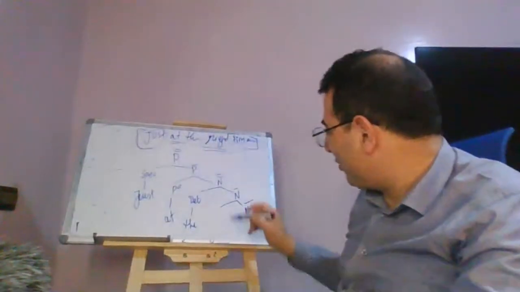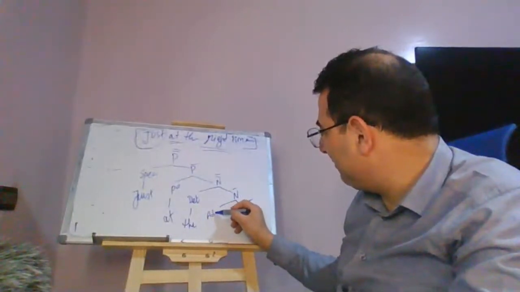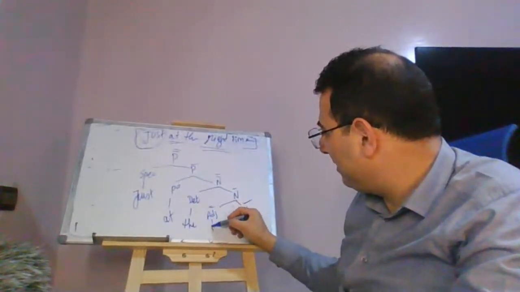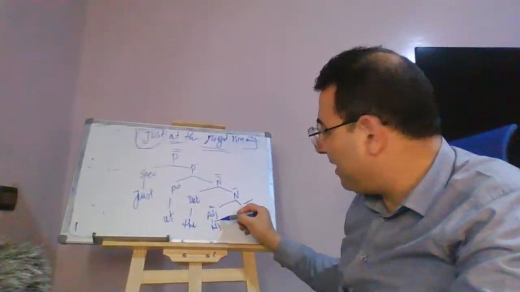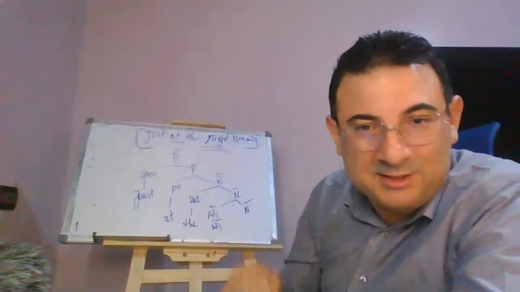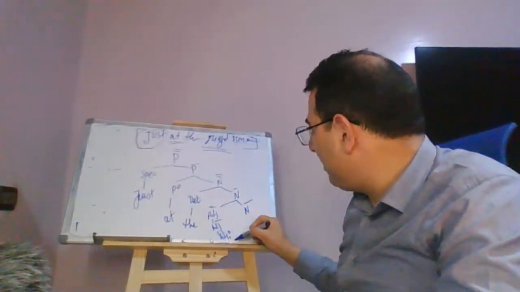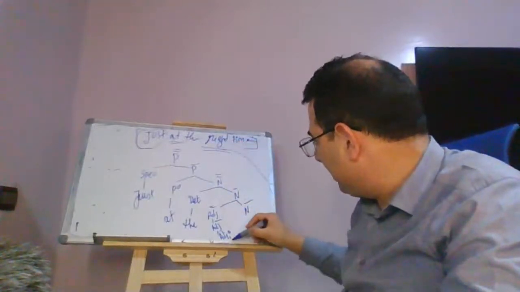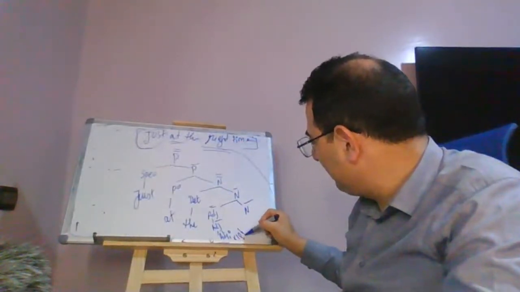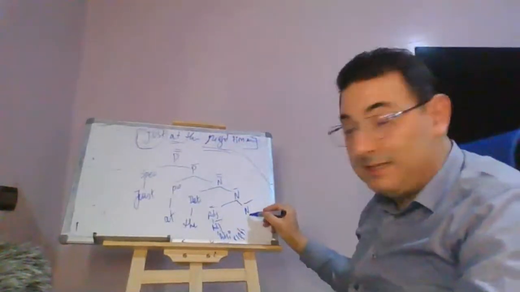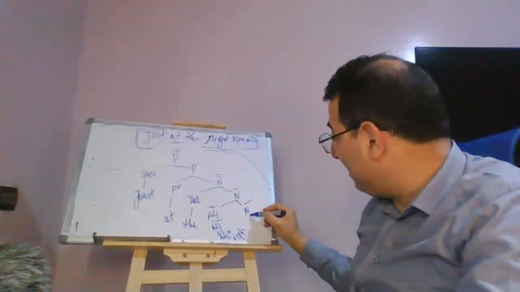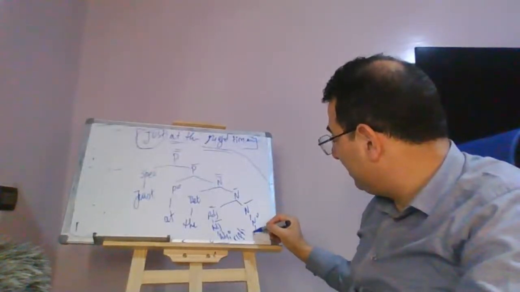Fine? So here, this is an adjective double bar, adjective bar, automatically you have double bar, then adjective zero, and then I have "right." And the N bar has N0, "time."